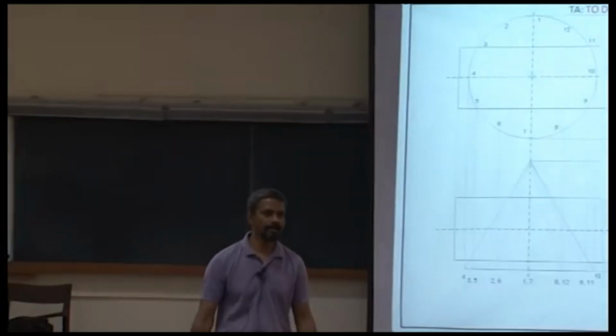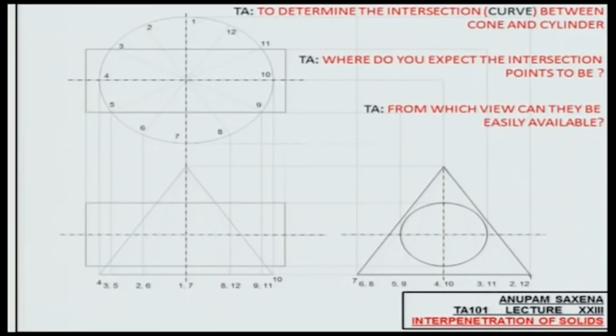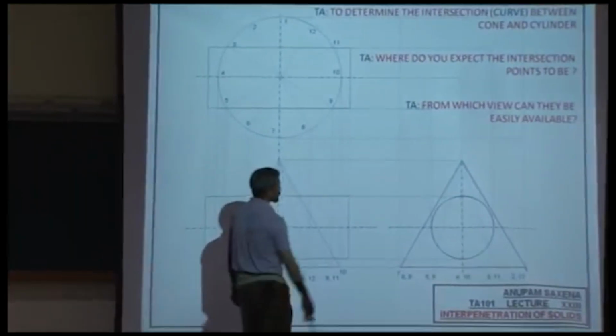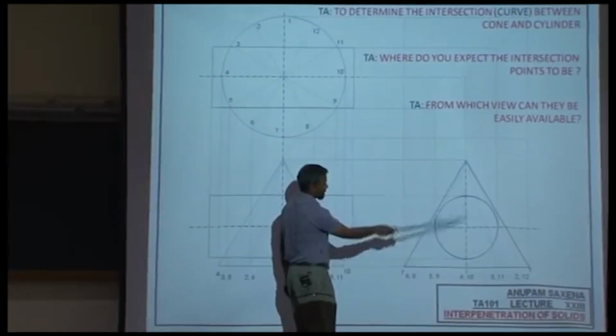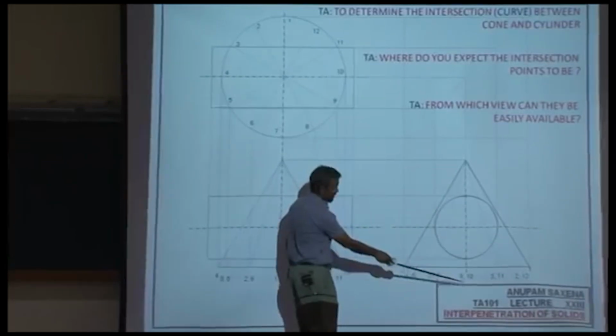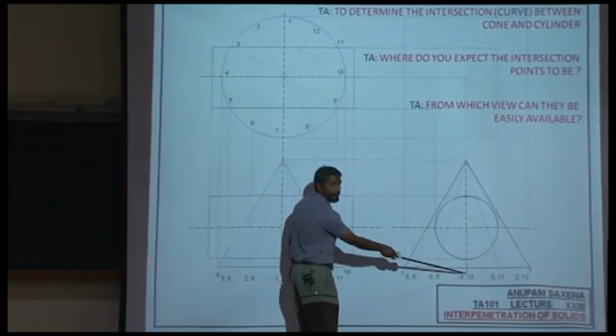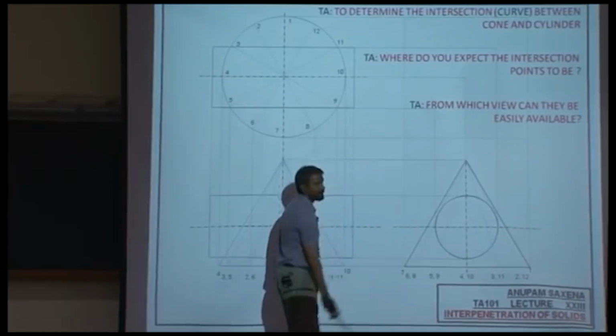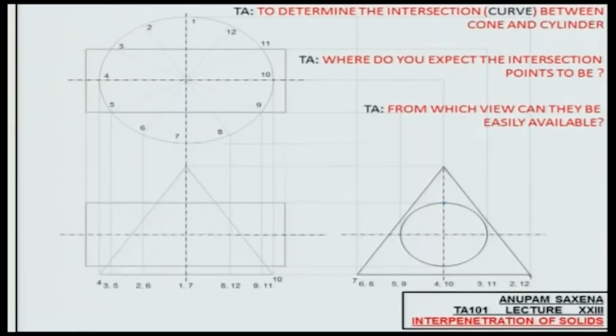Intersection between which line on the surface of the cone? 4 and 10, yeah, and the circle. Project that, call it point A, onto the front view.